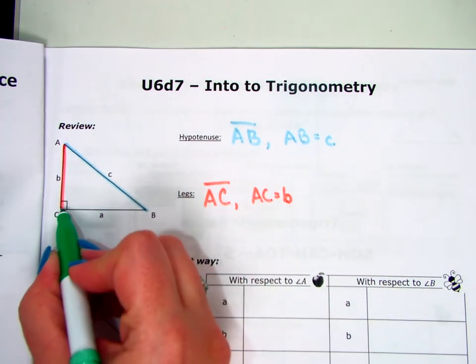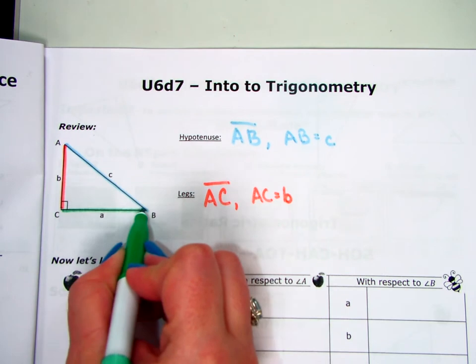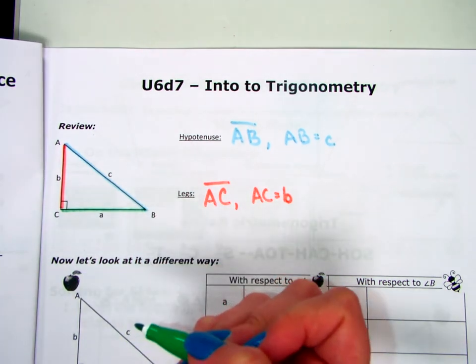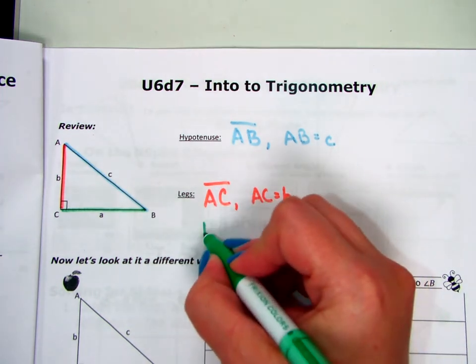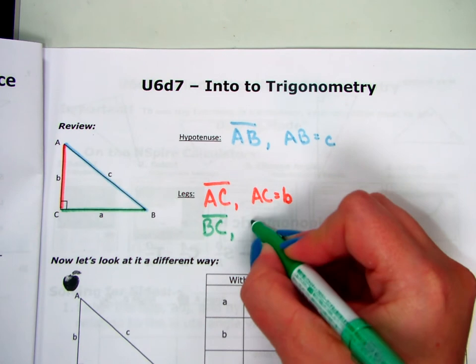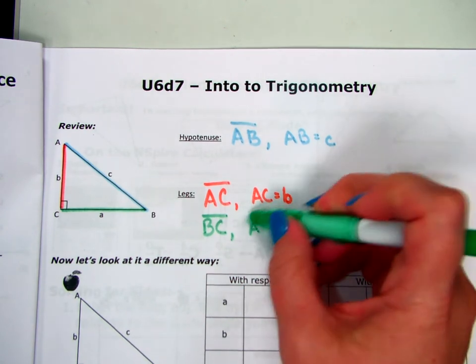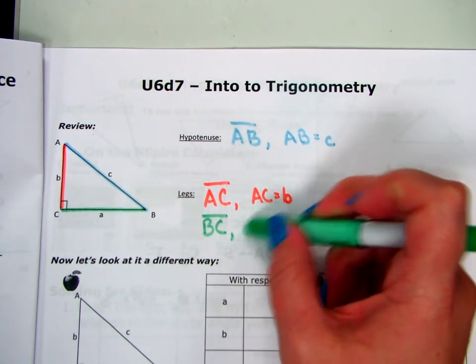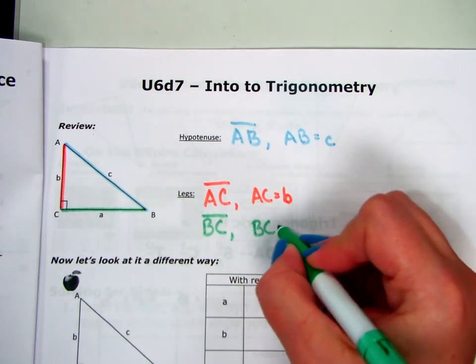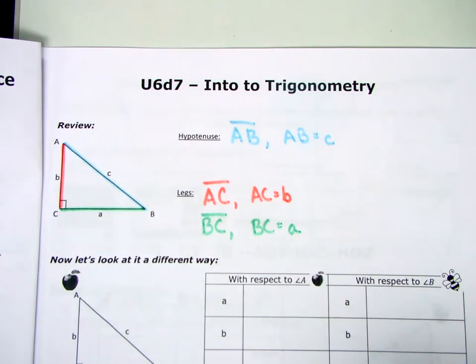And then my second leg is, you can either call it CB or you can put it alphabetical and put it BC. Either way, that's the same leg, BC or CB. And the distance from one end of B to the other end, C, is that lowercase a.